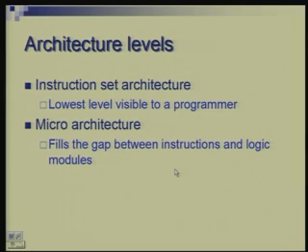Architecture itself, which is around that interface between hardware and software, we are going to specifically look at two layers, sometimes called architectures at instruction set level or at micro architecture level.